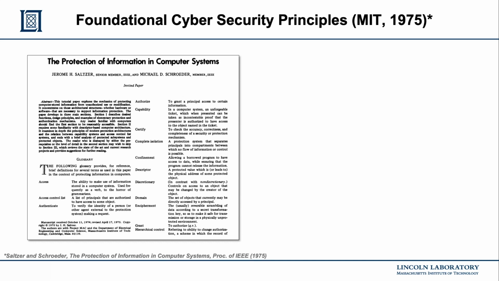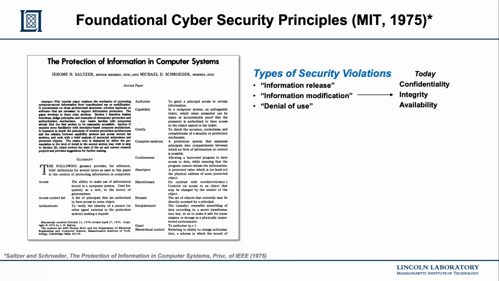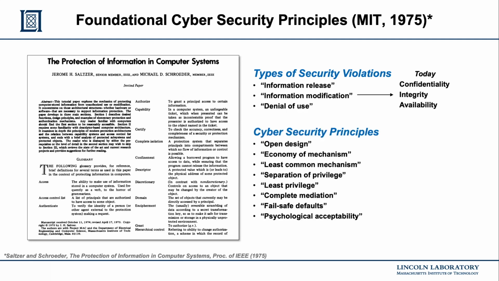They used different language at the time, but today we know these as confidentiality, integrity, and availability. And this paper also laid out 8 security principles that designers should follow in order to make their systems more secure. This nomenclature has stood the test of time. It's still what's used in the community today. And so on the next chart, we'll define a little bit what each of these terms mean.